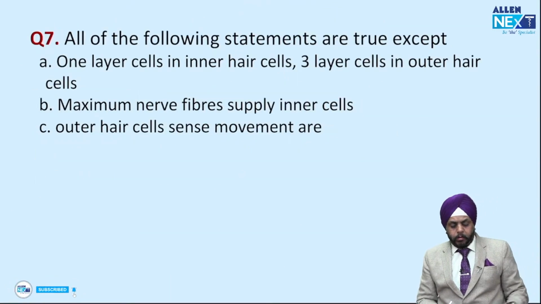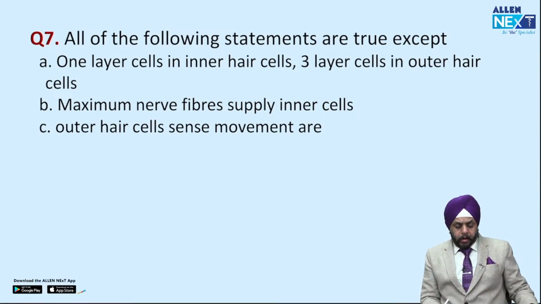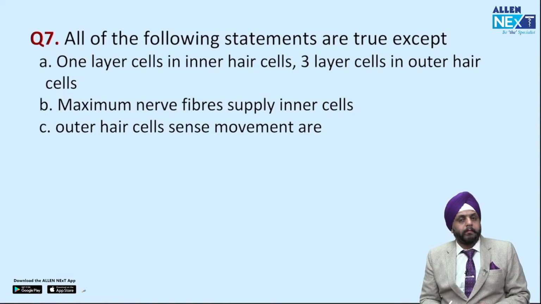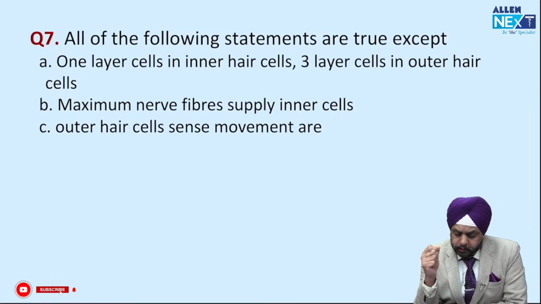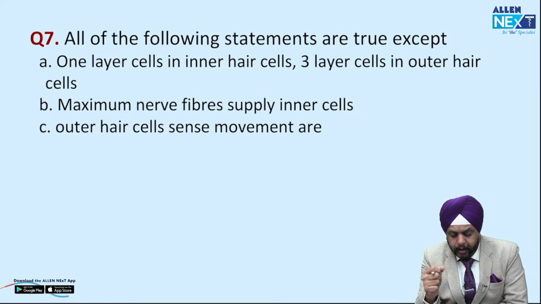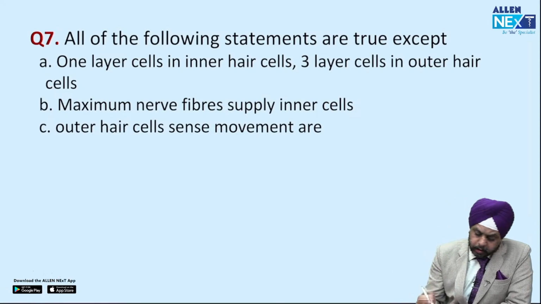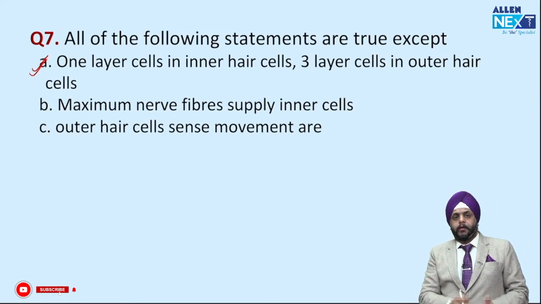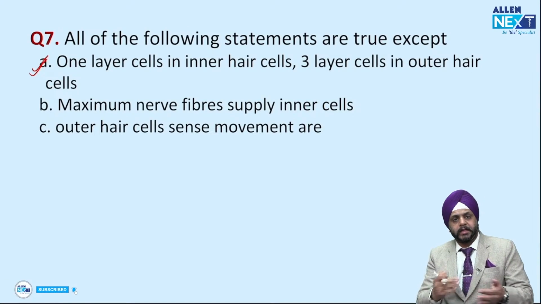Okay, 7th question. I'm not able to get all the 4 choices in this, so I would like you to give me the choices, right? All of the following statements are true except: 1 layer of cells in inner hair cells and 3 layers in outer hair cells. That's true. We have discussed the differences between inner hair cells and outer hair cells in my lecture.